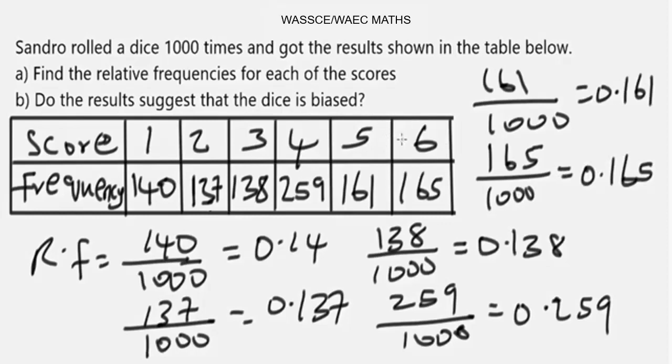So this is for the A part of the question. These are their relative frequencies. Now the B part of the question says, do the results suggest that the dice is biased? Now the obvious answer is what?